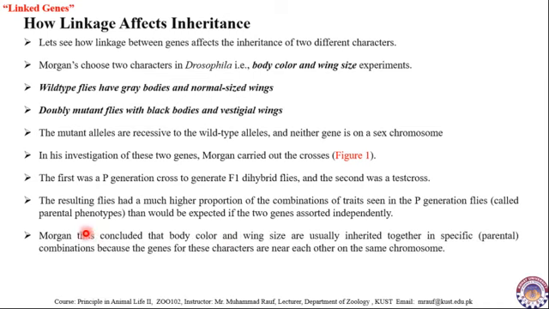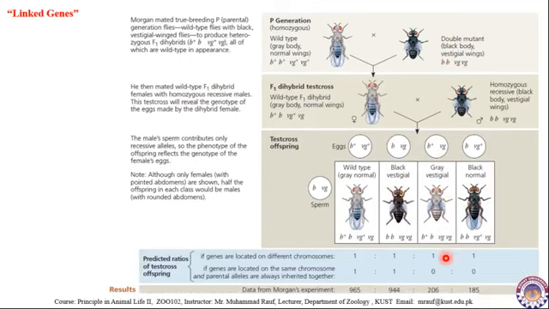So Morgan thus concluded that body color and wing size are usually inherited together in specific parental combinations because the genes for these characters are near each other on the same chromosome. Here you will have a better idea of his experiment.